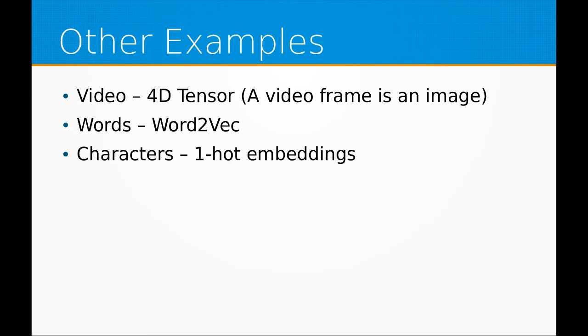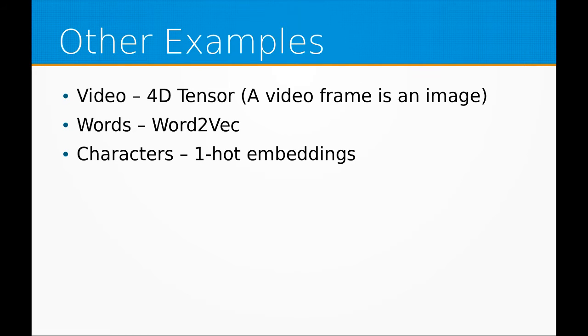And characters can be represented as one-hot embeddings. Basically, suppose I have a text and I want to represent each character as numbers. One way to do it is, let's assume the text has only lowercase alphabets, A, B, C up to Z. That's 26 letters, so you can have a 26 dimensional vector of all zeros.